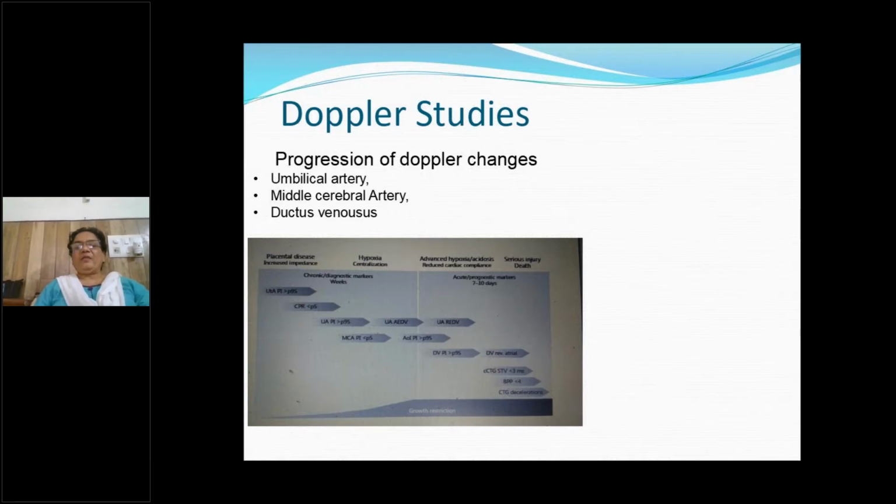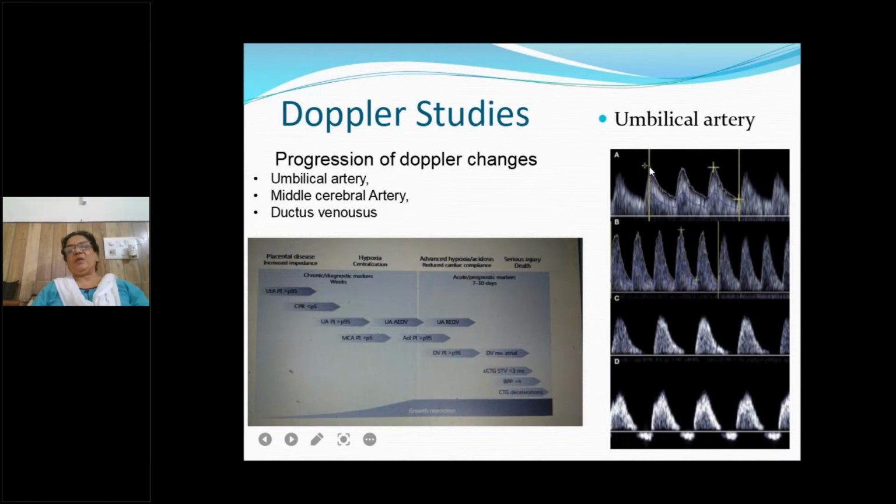So when we come to the umbilical artery, as I told you, the normal umbilical artery has a good flow both during systole and diastole, because placental circulation is a low resistance circulation. But whenever there is a vasospasm or reduced blood flow to the fetus, the first compromise occurs in the diastolic flow.